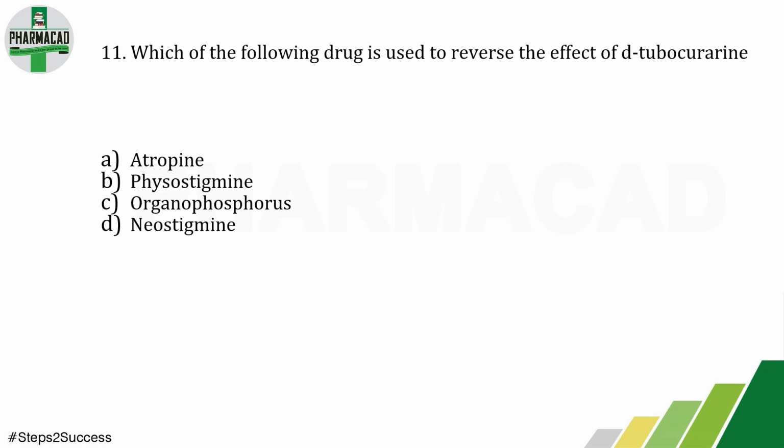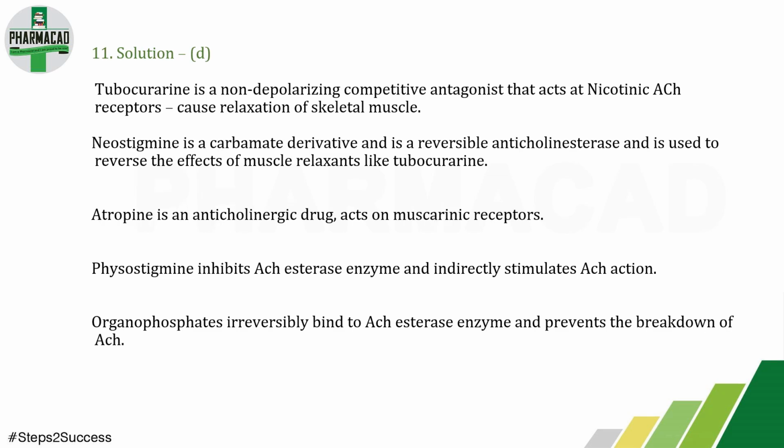Now, we should know that tubocurarine is a non-depolarizing competitive antagonist which acts at the nicotinic acetylcholine receptor, and it is a skeletal muscle relaxant. That is why it causes relaxation of the skeletal muscles. Now they are asking which drug is used to reverse the action of tubocurarine.